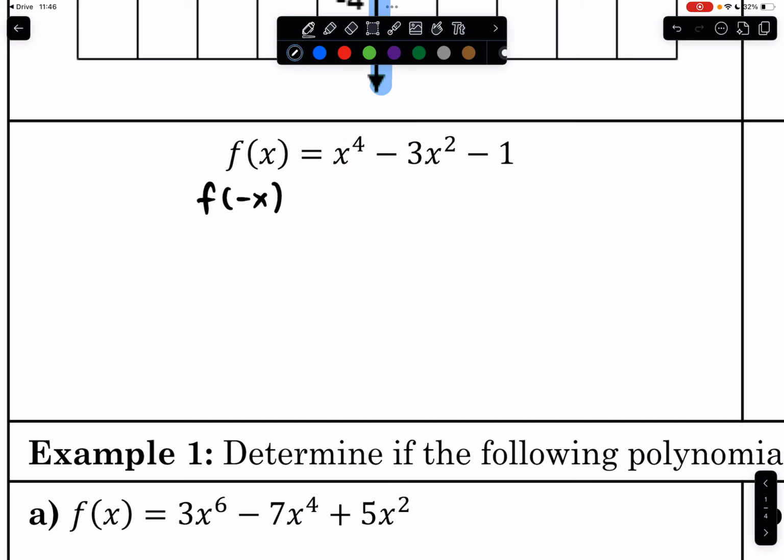So let's see what this equals. -x to the 4th power minus 3 times -x to the 2nd power minus 1.